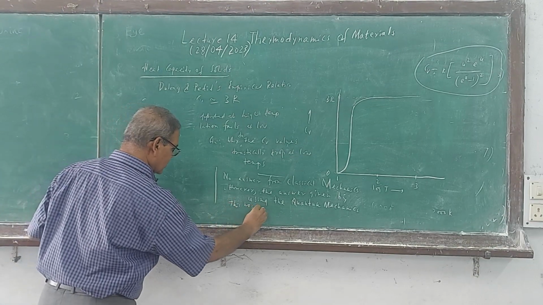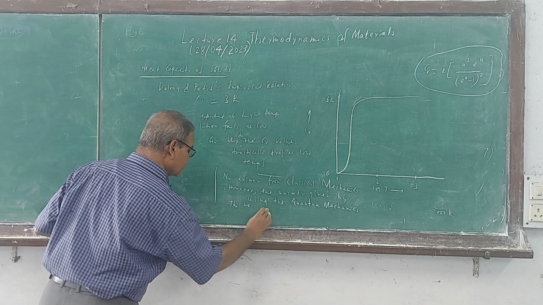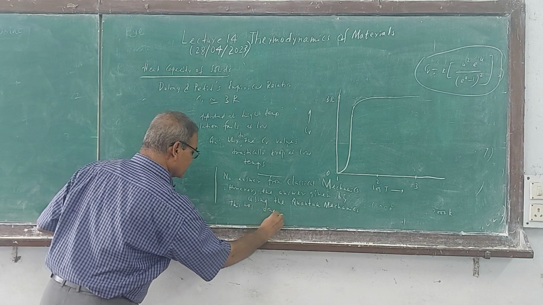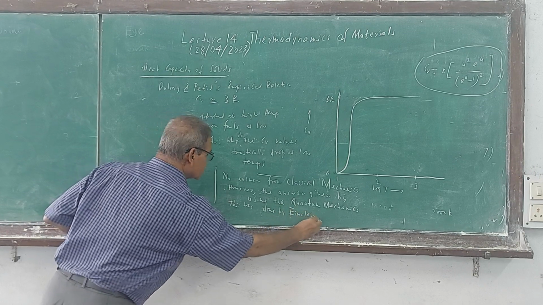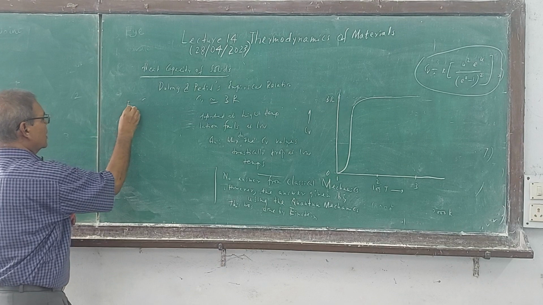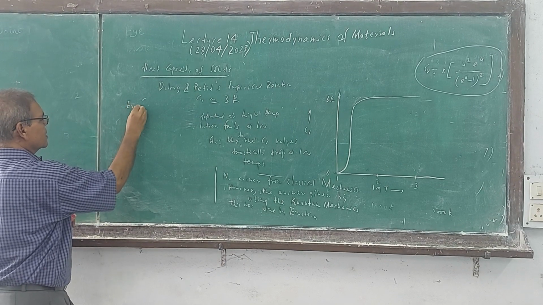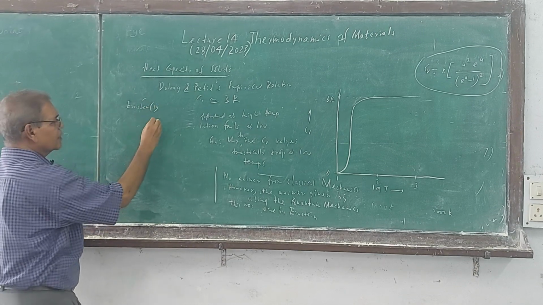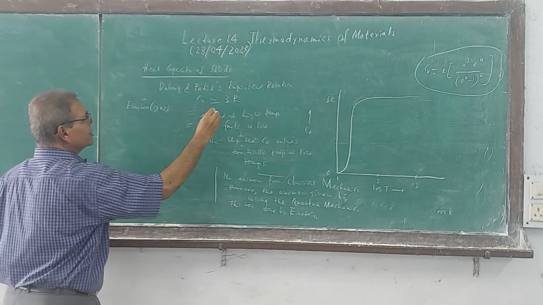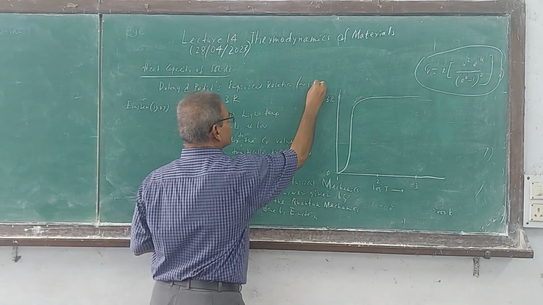This is the year 1907, maybe 1907, and Dulong Petit is maybe, I'm not very sure, close to 1800.